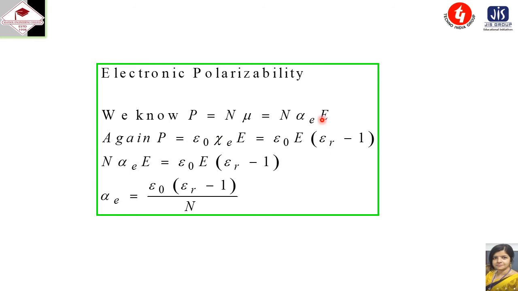So what we are getting? N alpha E into E is equal to epsilon 0 E into epsilon r minus 1. So alpha E equal to epsilon 0 into epsilon r minus 1 by N. So this is the expression of electronic polarizability.